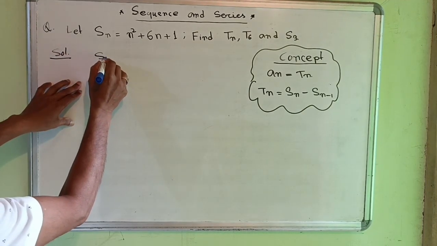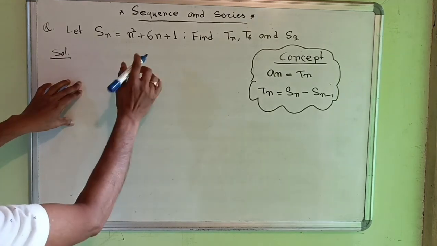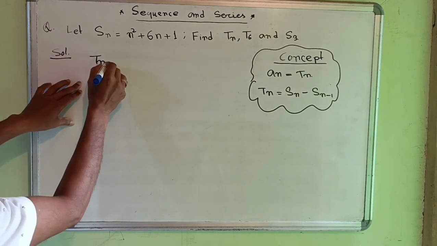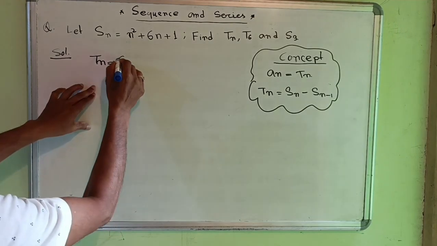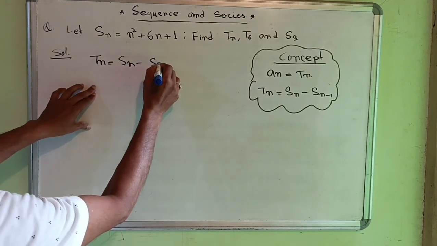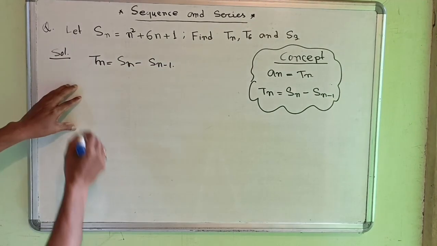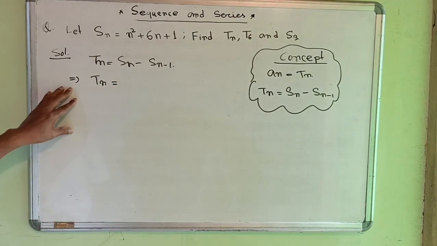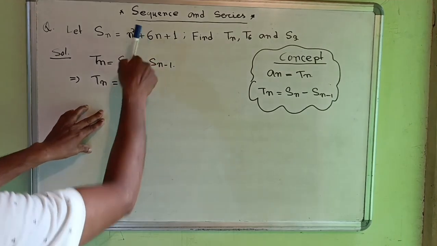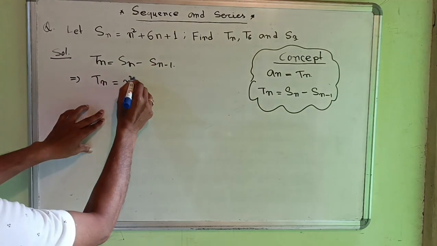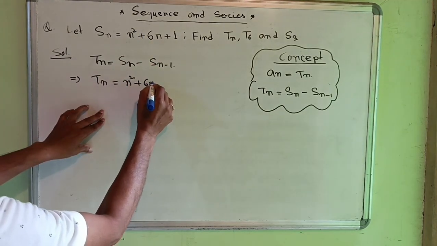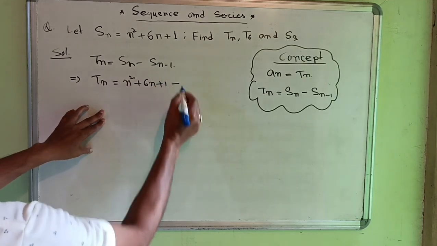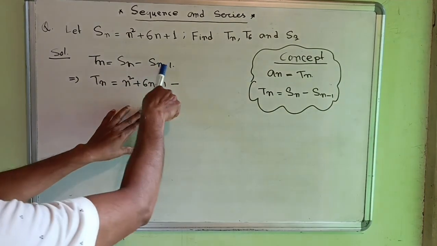First we have to find Tn. Therefore Tn is equal to what? By this concept, Sn minus S(n minus 1). This implies Sn, that is the sum of n terms. What is Sn? Sn is given n square plus 6n plus 1, minus S of n minus 1.